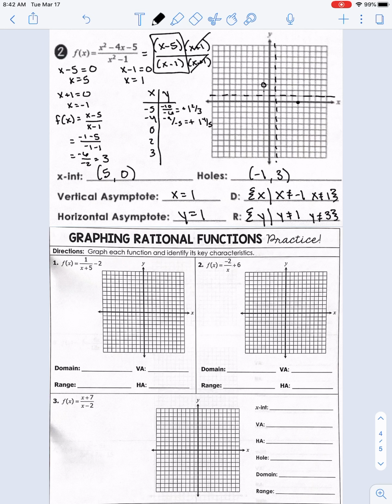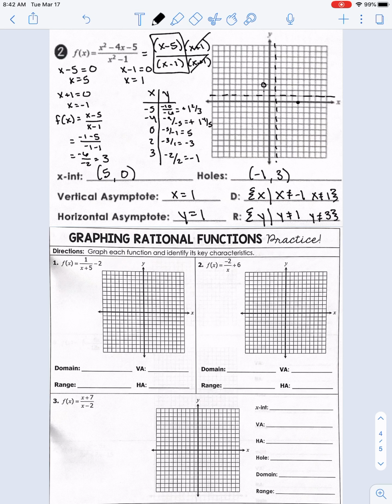If I do 0, I get negative 5 over negative 1, which is 5. 2, I get negative 3 over 1, which is negative 3. And if I do 2, I get negative 2 over 2, which is negative 1.